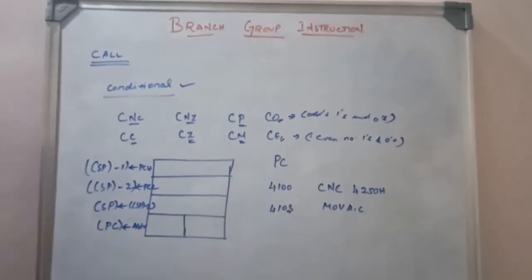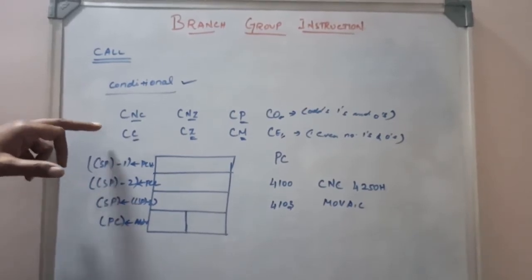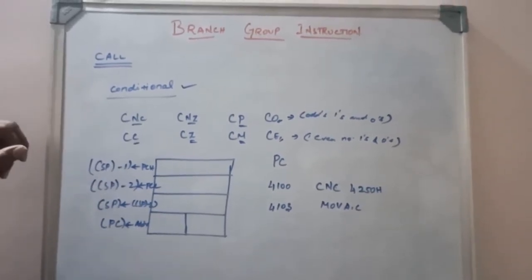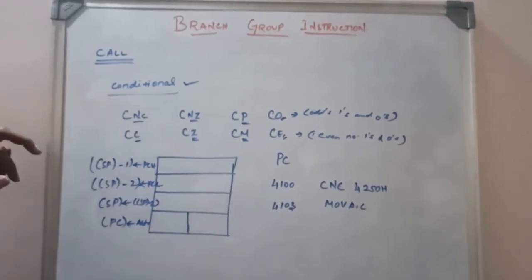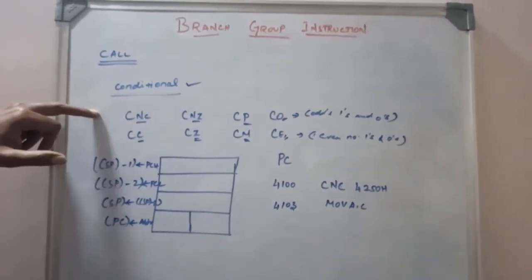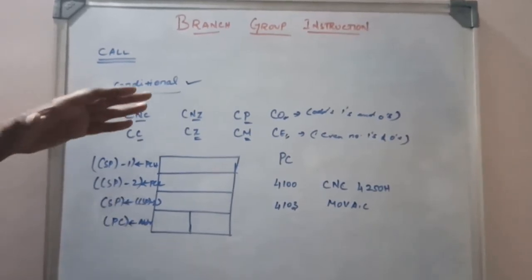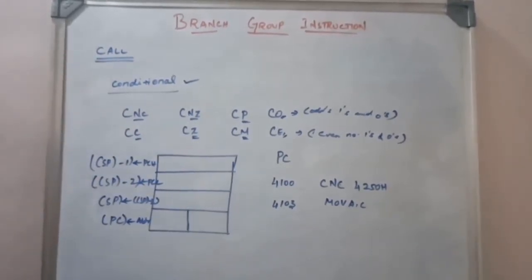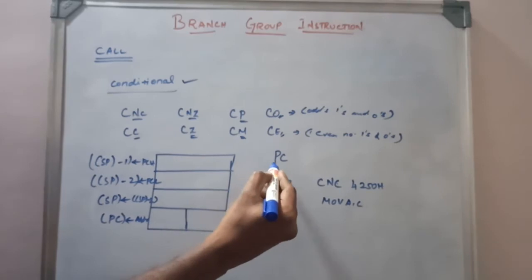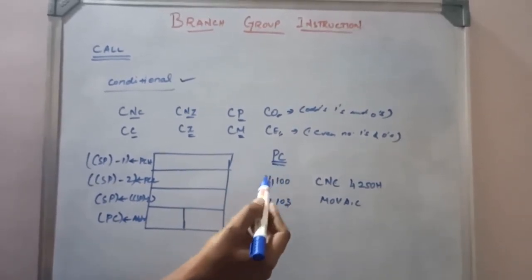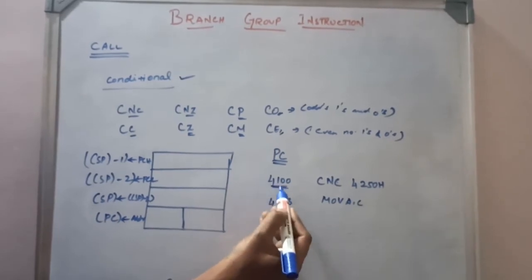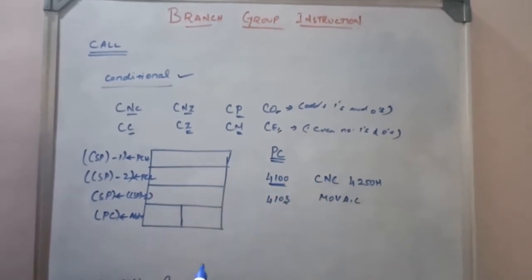Based on this condition, the instruction works. If the condition is true, it will go to the specified memory location. Suppose the condition is false, it just ignores the instruction and executes the next instruction in sequence. For example, here I am writing one program. In the PC, the program counter, 4100 is the memory location of the corresponding instruction.